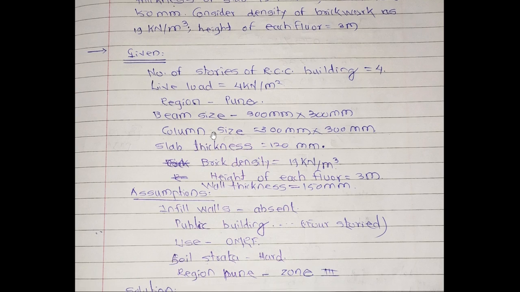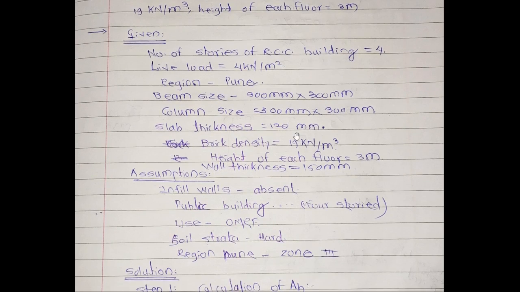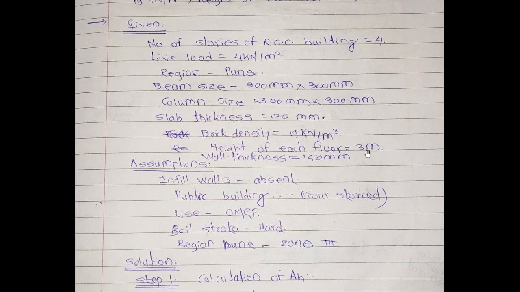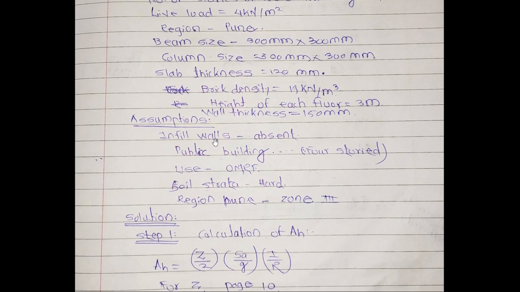Column size remains the same. Slab thickness is given as 120 mm. Brick density is 19 kN per meter cube. Height of each floor is 3 meter. Wall thickness is 150 mm. As well, we have to consider concrete density as 25 kN per meter cube. Let's assume if data is not given.